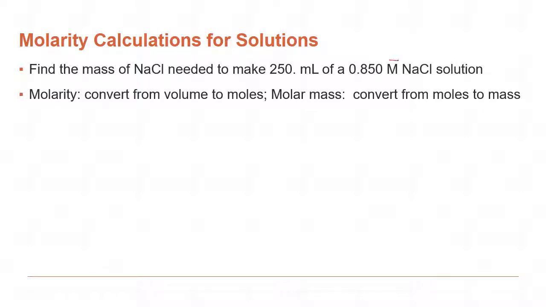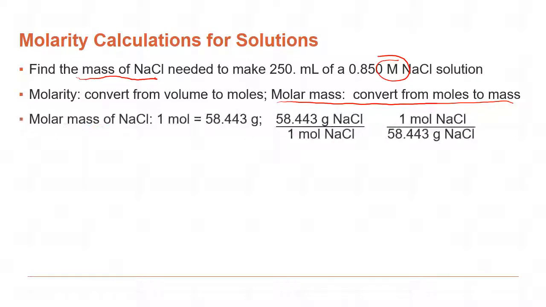It's a relationship between the volume in liters of that solution and the number of moles of sodium chloride present. Then, since we need the mass of sodium chloride, we can use molar mass to convert from moles to mass. So this will be a 2-step conversion factor problem.